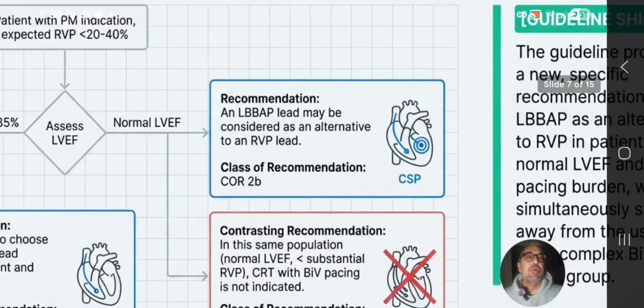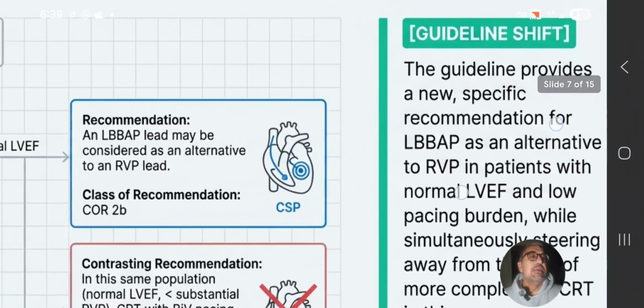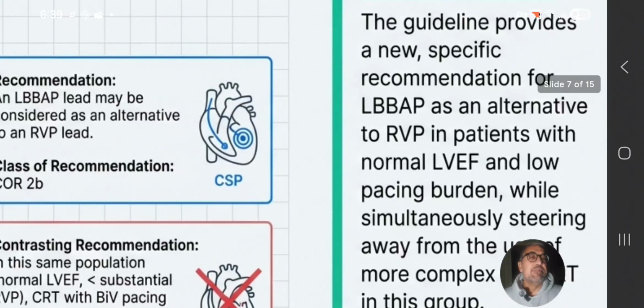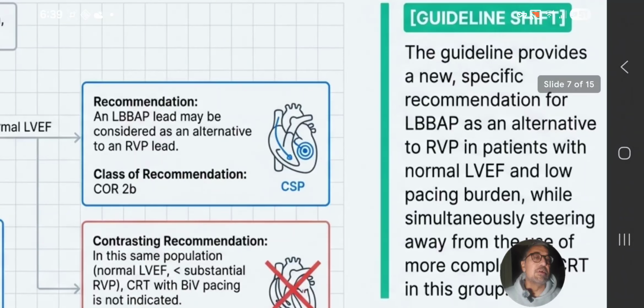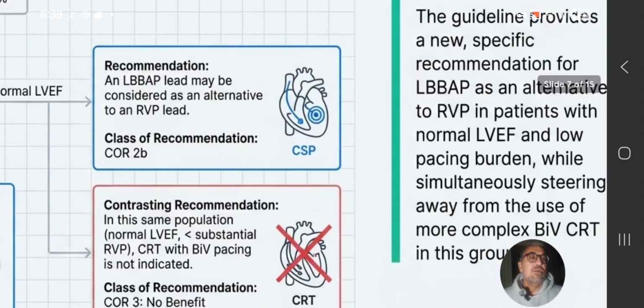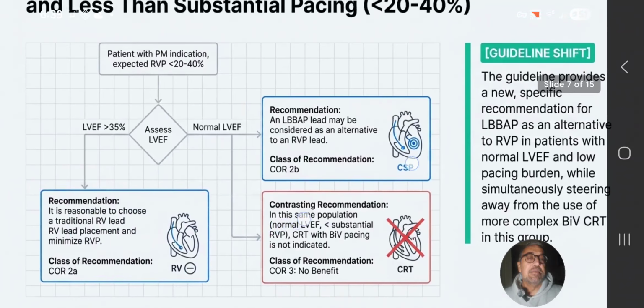Whereas a left bundle branch pacing lead may be considered as an alternative. This guideline provides a new specific recommendation for left bundle branch pacing as an alternative to RV pacing in patients with normal EF and a low pacing burden.